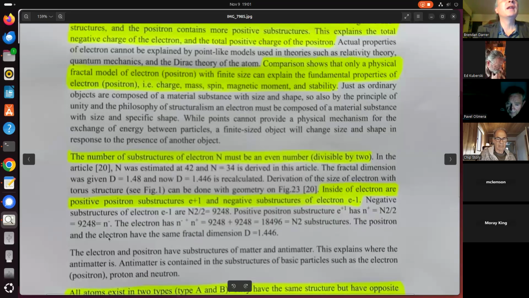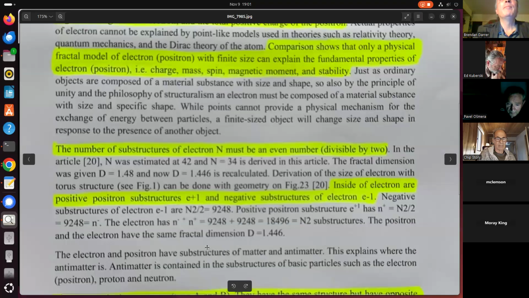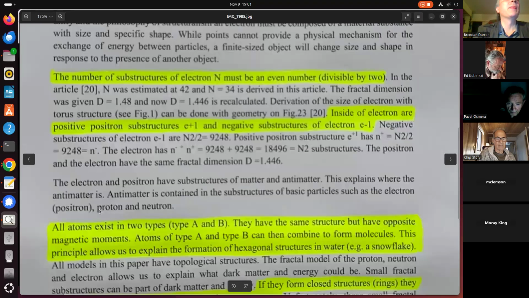The positron and the electron have the same fractal dimension, D equals 1.446.